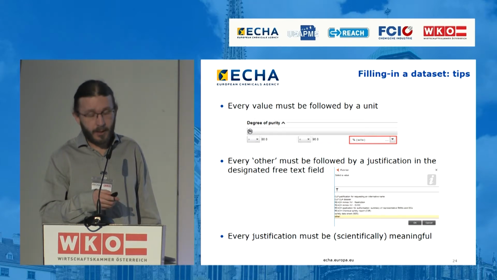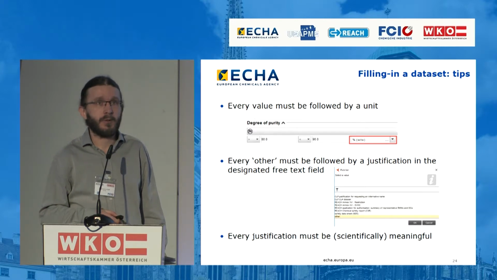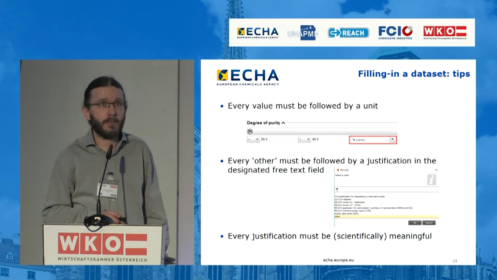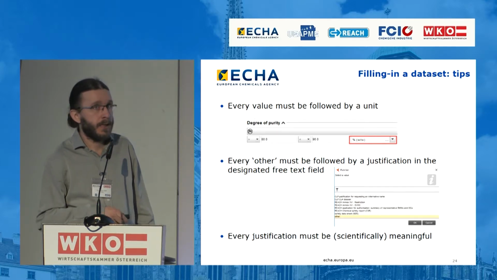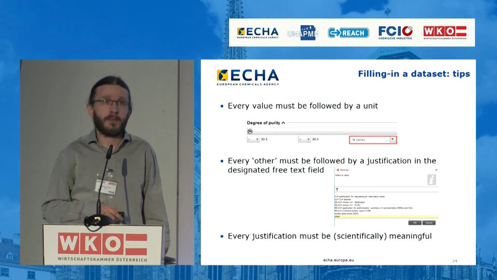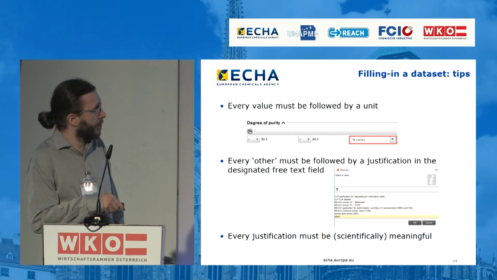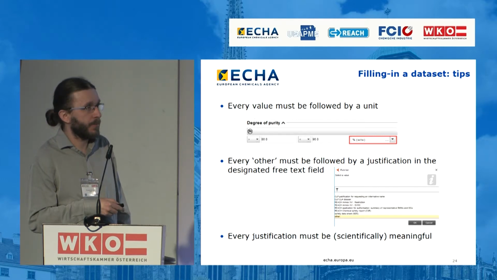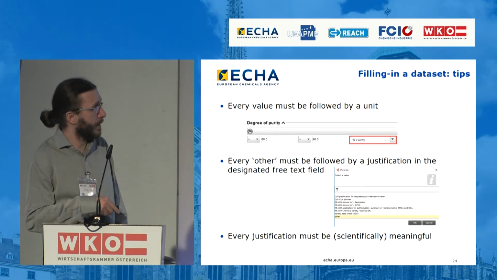Some tips again on how to fill in the data. For numeric values, usually they are made available together with units, so we expect also units to be provided. When data has to be selected from a pick list, sometimes when you cannot find the appropriate option in the list of choices that are proposed, you can select other.